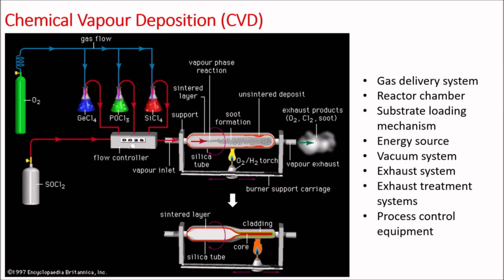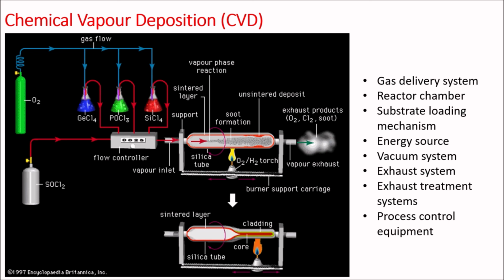There are several suitable sources of heat for CVD process. These include resistive heating, for example, in tube furnaces, or radiant heating, like that in the case of halogen lamps, or radio frequency heating, as in the case of induction heating, and lasers can also be used for heating purpose.